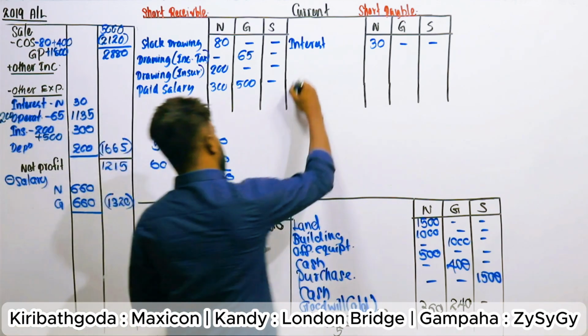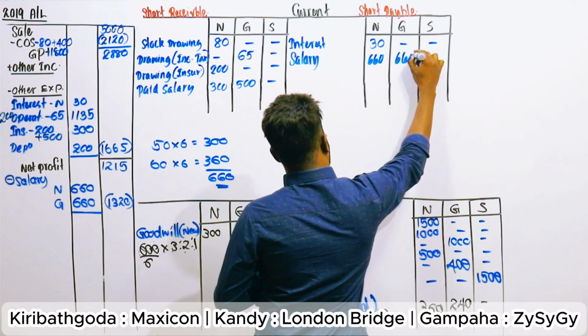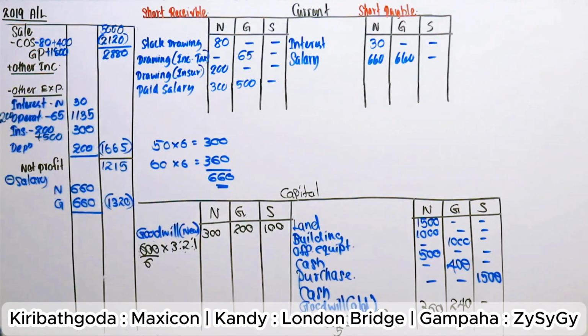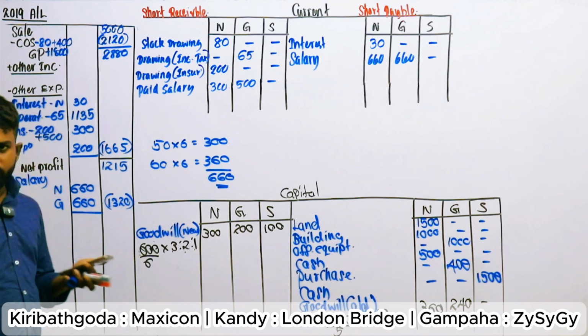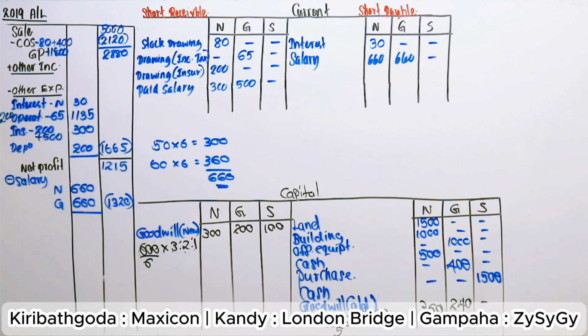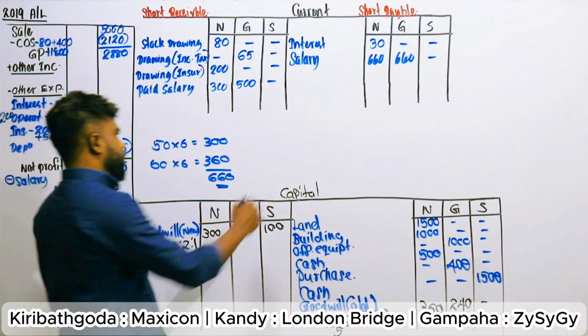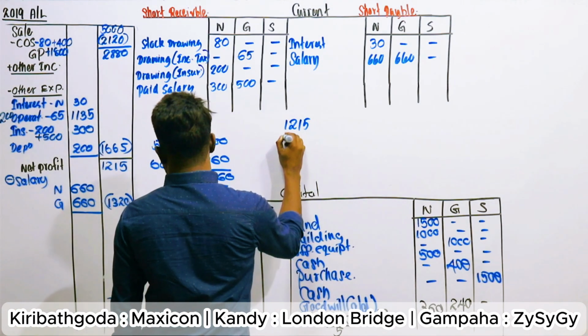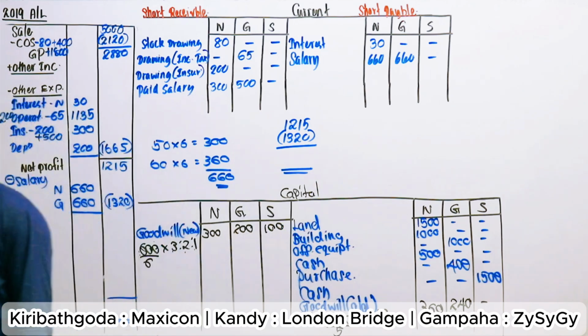Okay. Salary payable, salary payable to partners. Okay, then. I think there's no capital interest, right? So look at the remaining one. Remaining profit share or loss share. Profit 1215, minus salary 1320. How much remaining? Profit share or loss share?